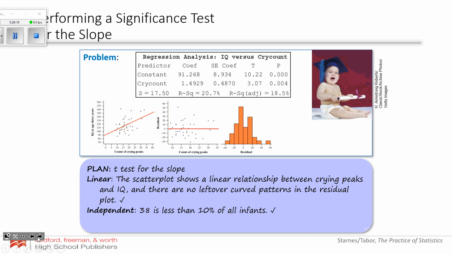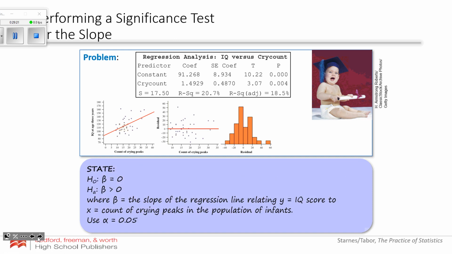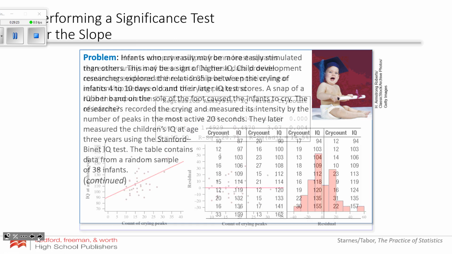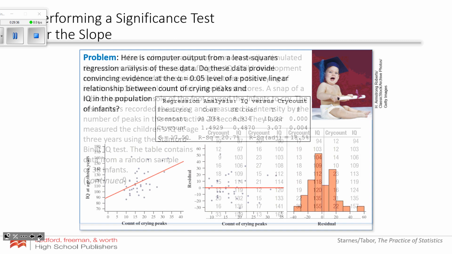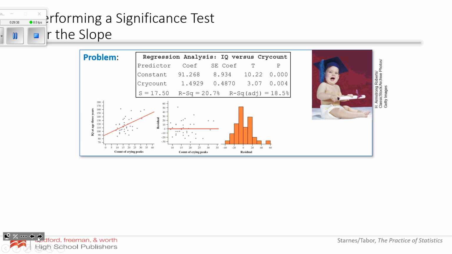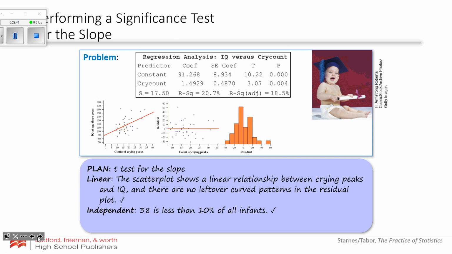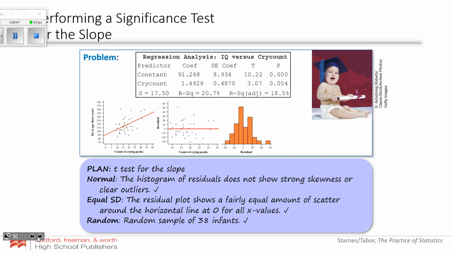Independent. Which situation was this in terms of independence? Do you have to check the 10% condition? This is an SRS, so yes. Did you guys hear that? It's an SRS, so yeah, right? So we would check the 10% condition. There were 38 babies, I guess, so 38 is definitely less than 10% of all children, right?